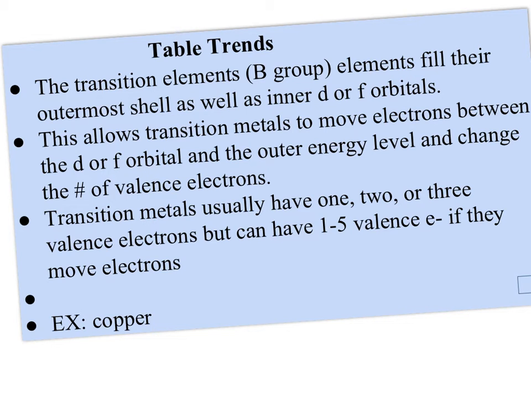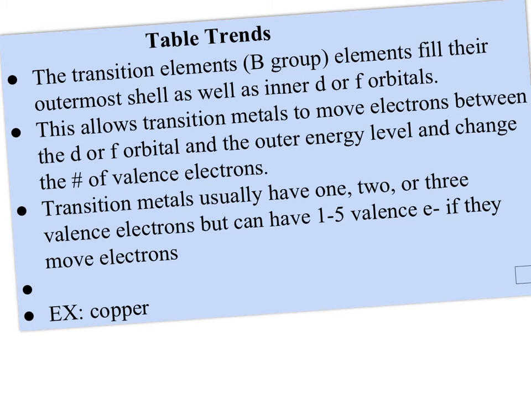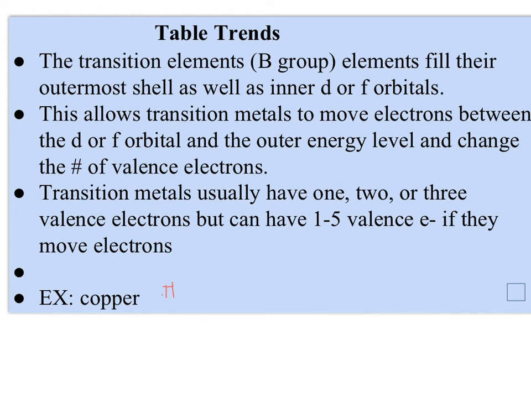If you look at copper, it's number 29 in period 4. So its noble gas configuration is argon, 4s2, 3d9.